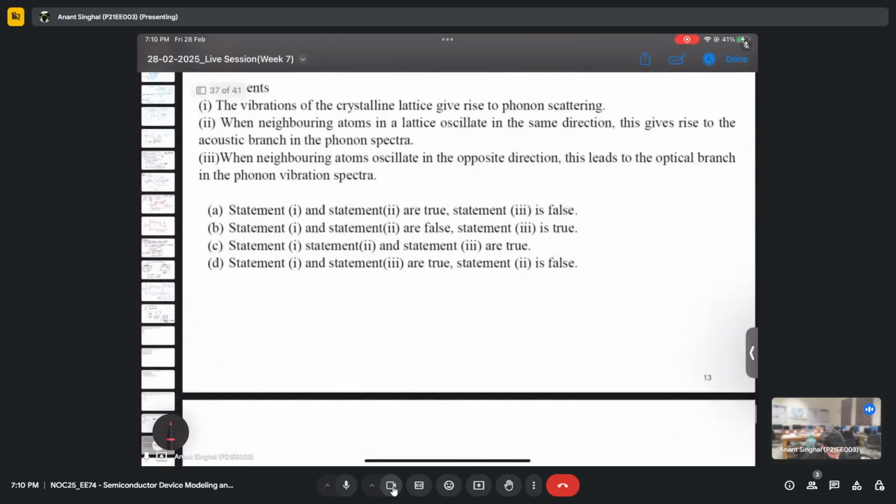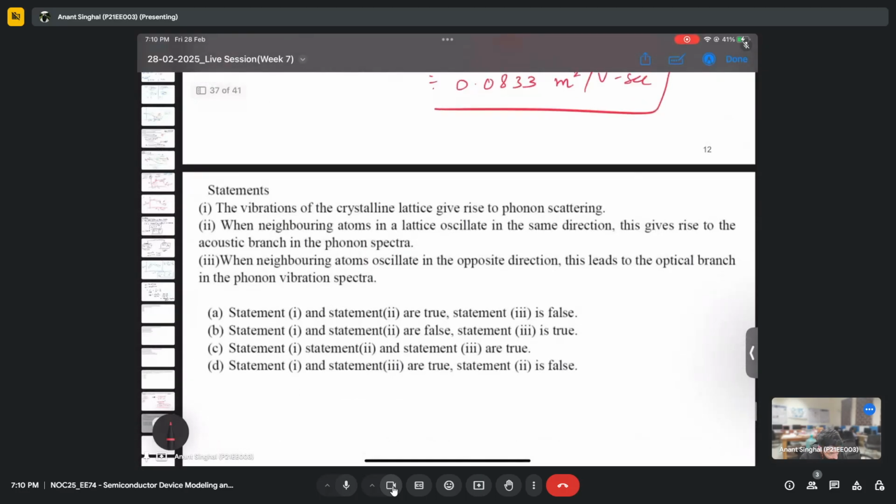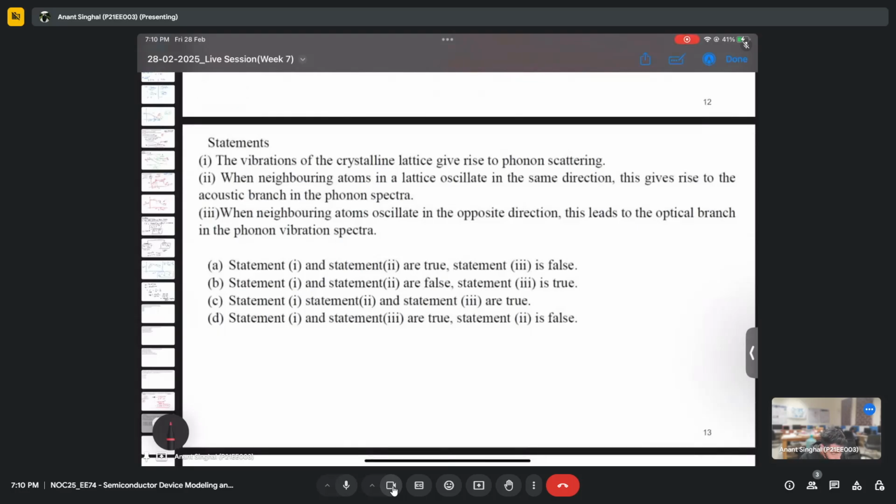I guess there is one more theoretical question from scattering. So let me know which is the correct answer. There are three statements written and you need to tell if all of them are true or all of them are false, something like that. We have just gone through the basics, so it is very easy now.